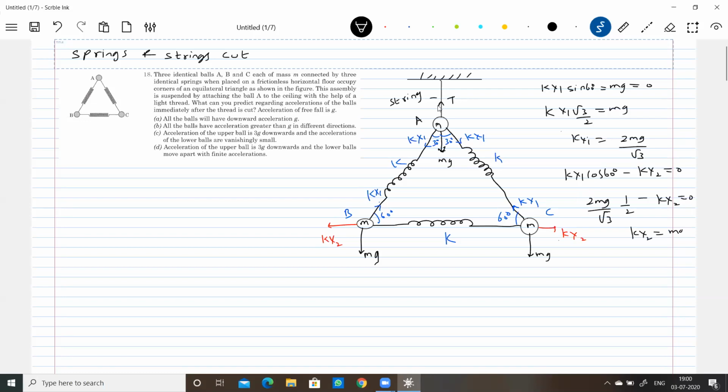So kx2 equal to mg by root 3. Sir, in the first equation, why did you write equal to 0? So that is minus some. Okay, sir. These are the initial values. Now I'm going to cut the string. Let's see what will happen.